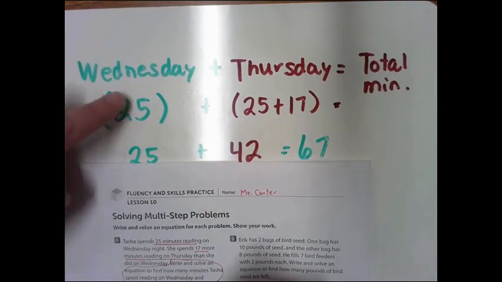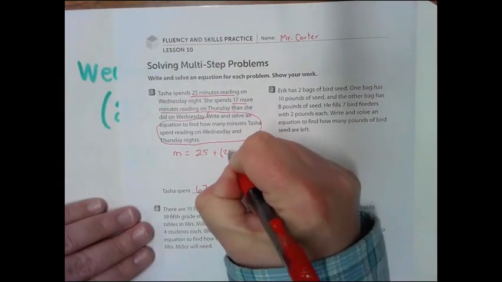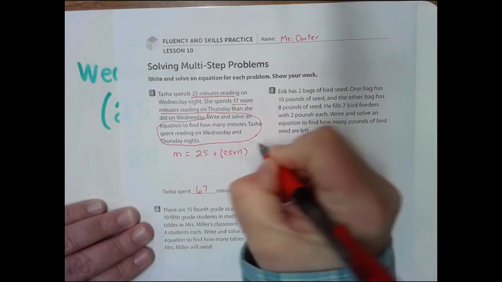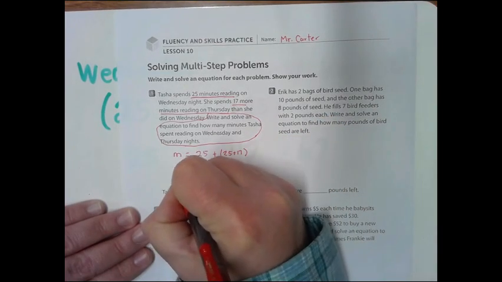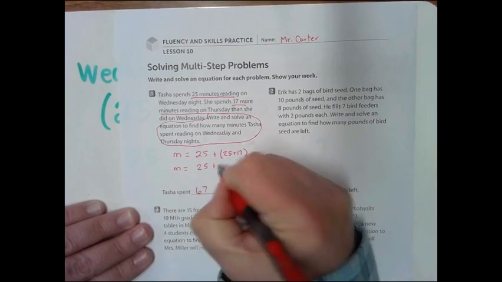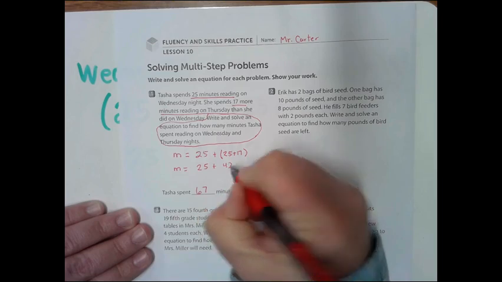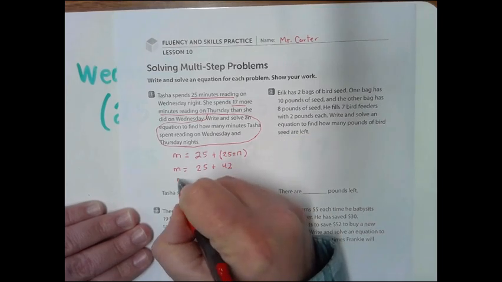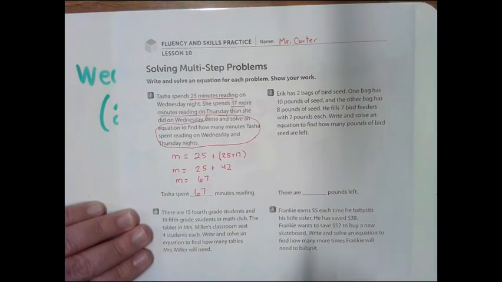All right, and I'm getting that 25 here. Plus the 25 plus 17, that's Thursday. And again, 25. So the minutes equals 25 plus 17 is 42. And then our minutes total is 67 when we add 25 plus 42 together.